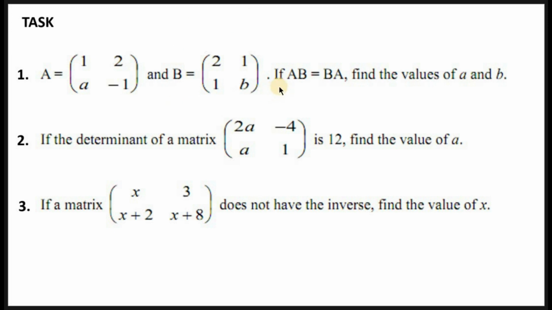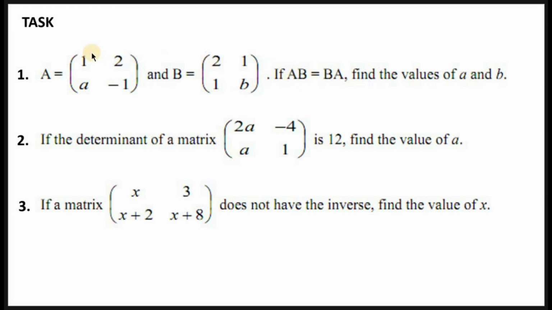If A times B is equal to B times A, find the values of A and B. Meaning if you multiply this matrix times this matrix, then you find that they are equal.